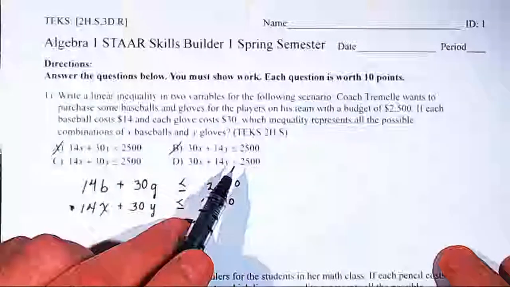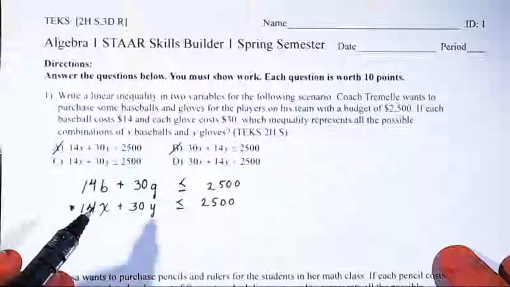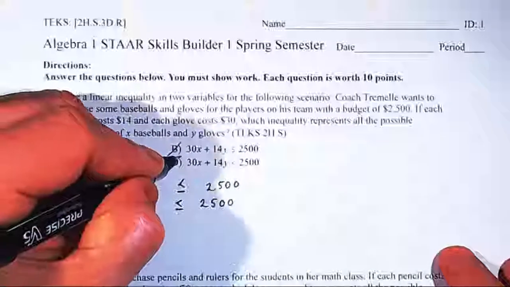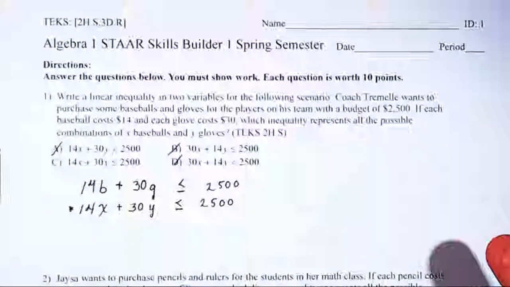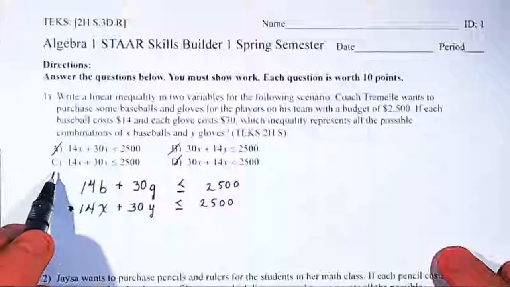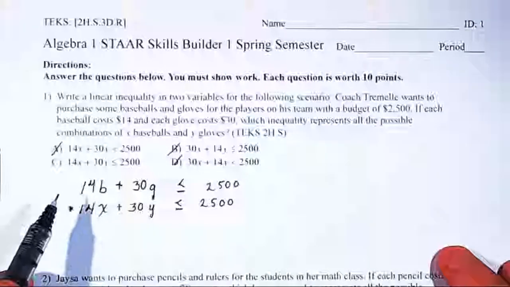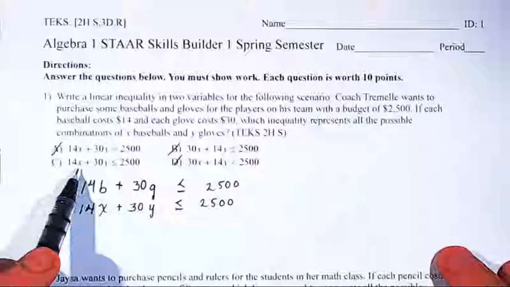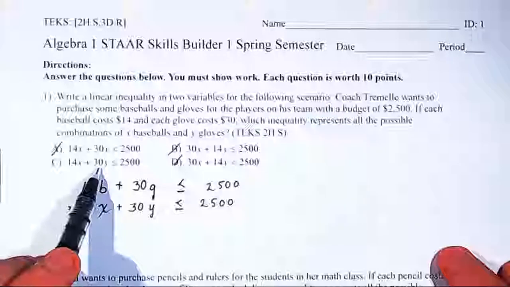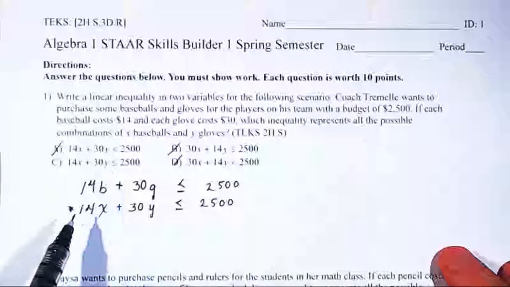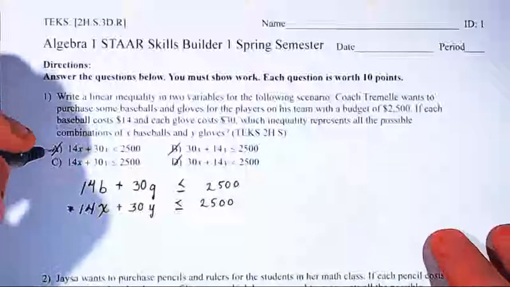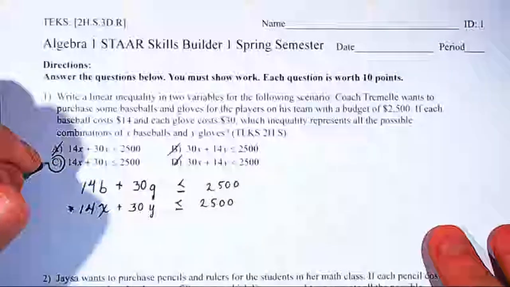They've mixed up the variables and they've assigned the costs per thing to the wrong variable. So it's not D. By process of elimination, we know we're right with C. And indeed, C shows that 14 times the number of baseballs plus 30 times the number of gloves is less than or equal to 2,500. So the answer is C.